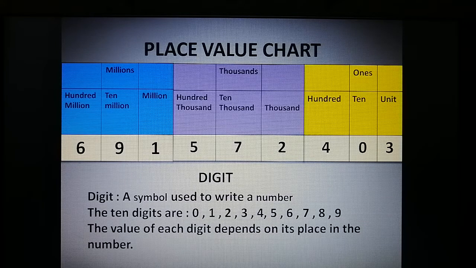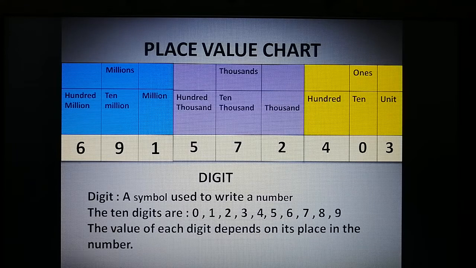We are using 10 digits: 0, 1, 2, 3, 4, 5, 6, 7, 8 and 9. Notice that students, number 10 is not included, because 10 is made up of two digits, 1 and 0, and it is not a digit, it is a number.